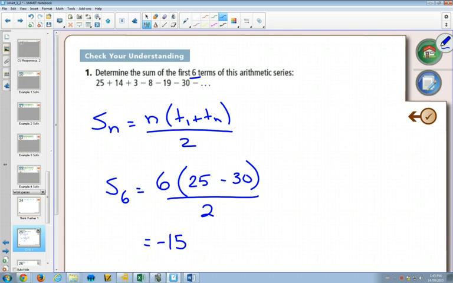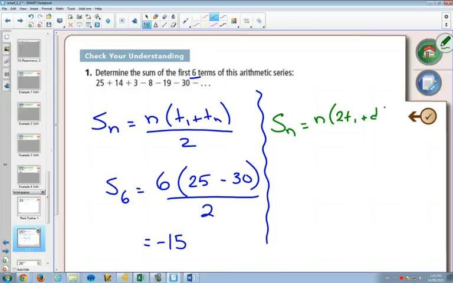We could also use the other formula if we want, because we know the first term and we know that we're going down by 9. Is it 9? No, going down by 11 each time. So if we used our other formula, we have 6 terms. Term 1 is still 25.